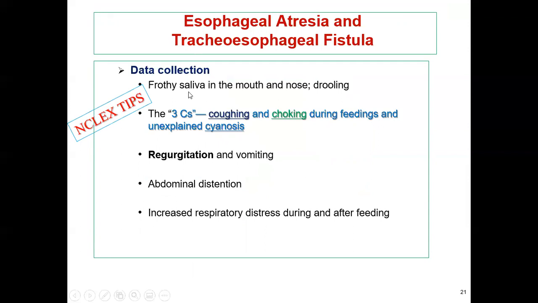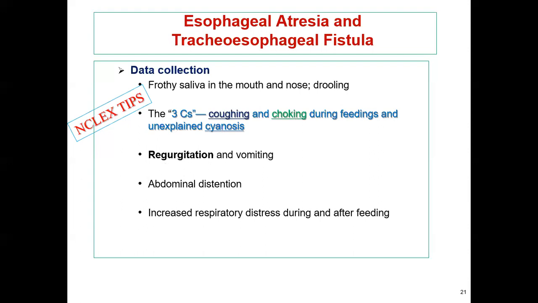So data collection, signs and symptoms, usually easy to remember, the 3 C's: coughing, choking, and cyanosis. So choking, respiratory distress during the feeding. And when there is respiratory distress, it leads to cyanosis, meaning lack of oxygen to the tissue.